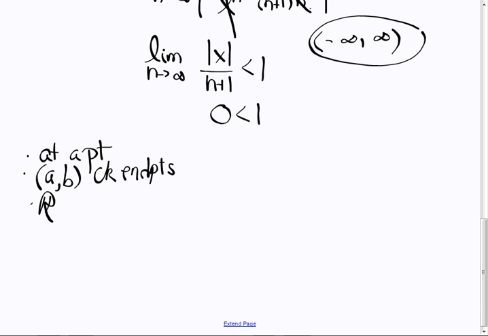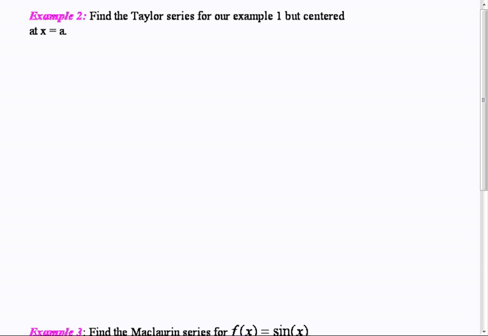Going on. Let's see. Find the Taylor series, for example, but let's center it at A. So that's going to be harder. And you need to know the sign of x. Okay. So f of x is equal to e to the x. Now, sometimes they ask you to do the Taylor polynomial like this.